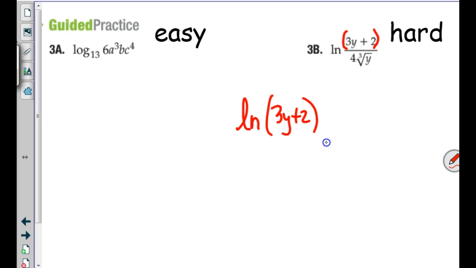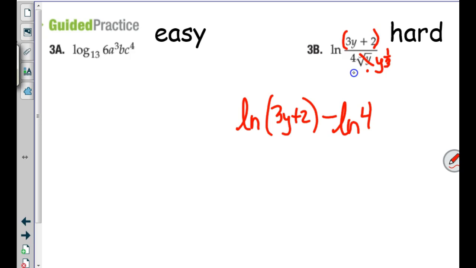Then what? Okay, good job. I appreciate that you realize this should be a power of 1/3, but it's not on the 4, right? It's on the y. So we could think about this as a 4 to the 1/3. I would like you to do that. But it's multiplied, right, by that 4?